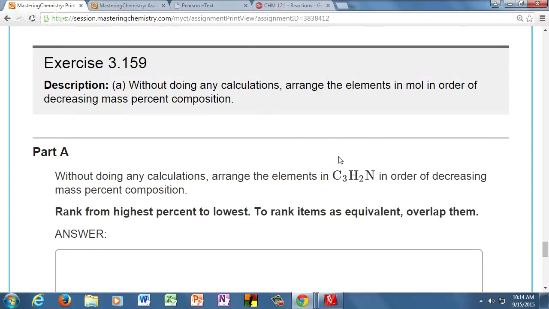Why does it say that you may not need to do that? Because carbon and nitrogen are relatively close in mass, so since you have 3 carbons, it's going to be higher than the nitrogen. And since hydrogen only has 1, so it would be C first, and then H, because 2 is going to be less than 14.